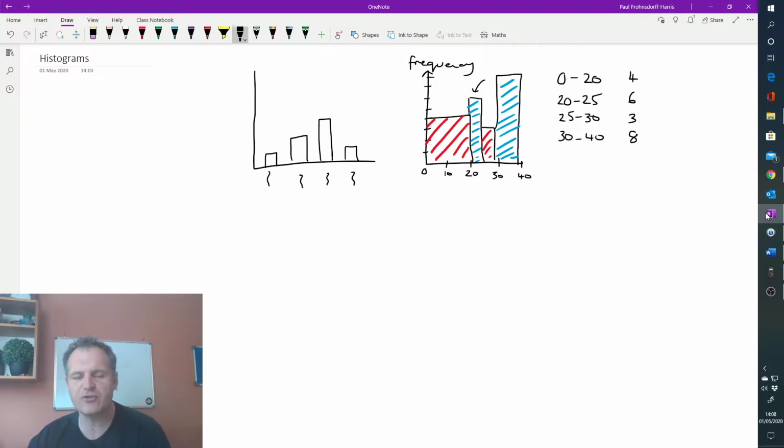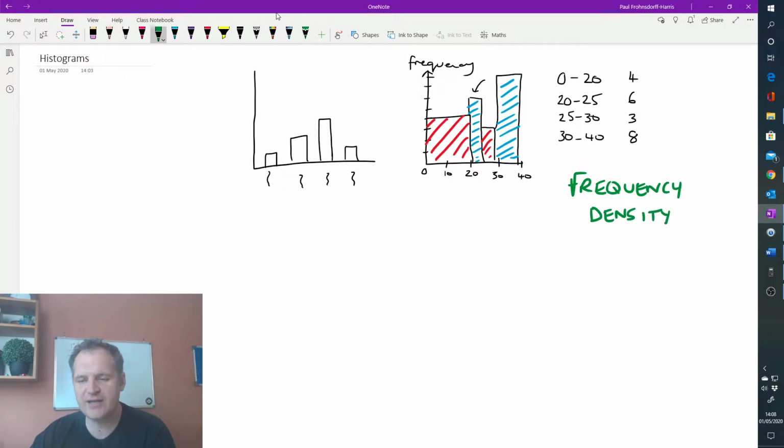So the reason we do histograms is to adjust for this and say, wait a minute, in a bigger region, we need to use something called frequency density. Density is something which should be being discussed an awful lot in lockdown. Unfortunately, governments and media don't like to use complicated maths words, and they instead focus on just pure numbers.